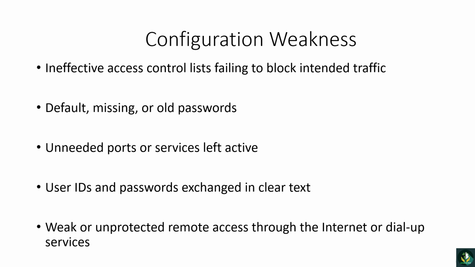Some common configuration issues include ineffective access control lists failing to block intended traffic, default, missing or old passwords, unneeded ports or services left active, user IDs and passwords exchanged in clear text, weak or unprotected remote access through the internet or dial-up service.